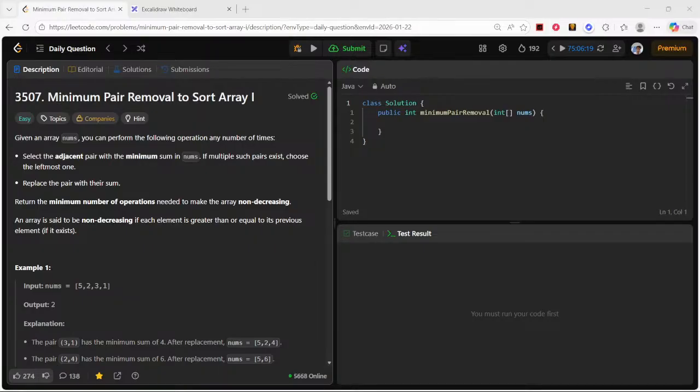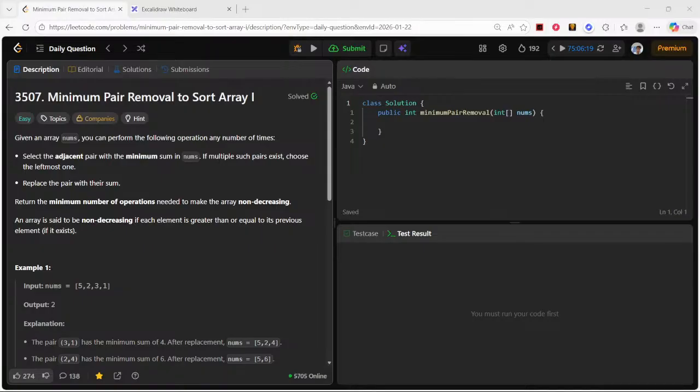A greedy strategy works here. If the array is already sorted, no operation is needed. Otherwise, the best pair to remove is the adjacent pair with the smallest sum, because removing a small sum causes the least disruption to the array's order.